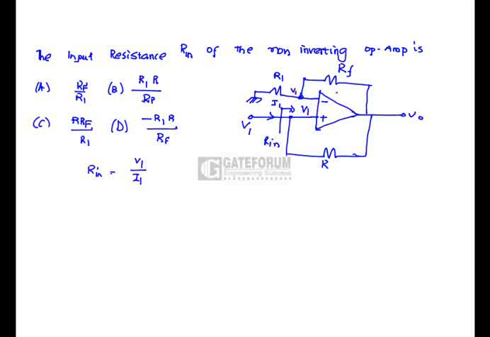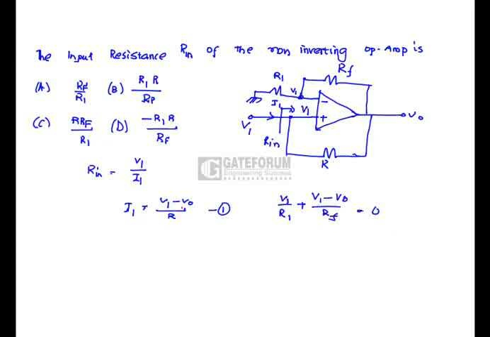So, if we apply a KCL here, that is I1 is equal to V1 minus V0 by R. This is equation 1. Similarly, if we apply at this node, potential V1 by R1 plus V1 minus V0 by RF.